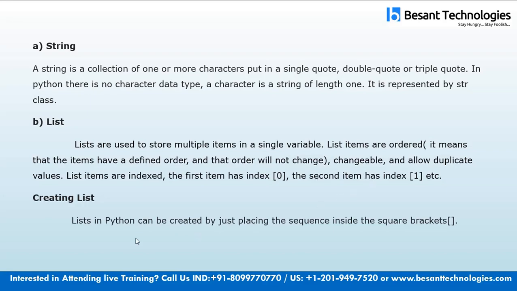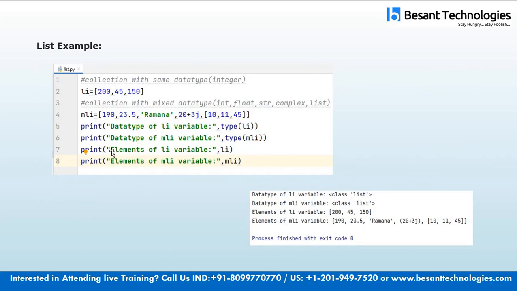How can you create the list? It can be created by just placing the sequence inside the square brackets. And this is the example program. Here I have created one list object. Li is my variable, the list object. Inside the square brackets, I have the elements. A collection of elements with the same data type.